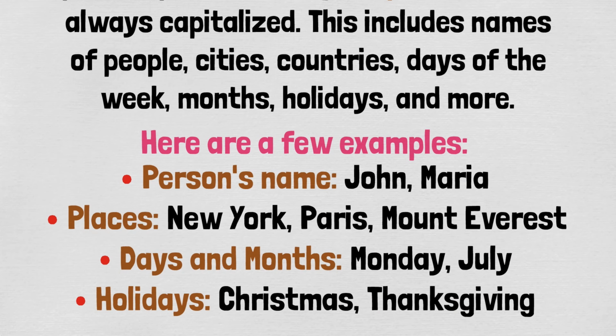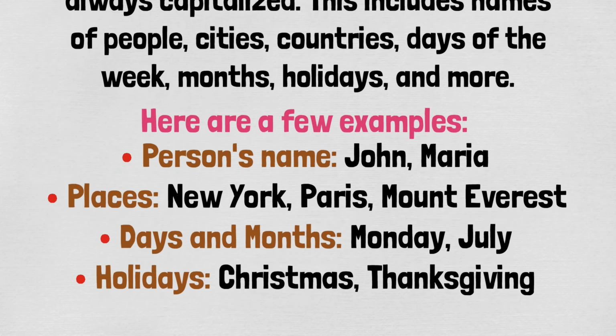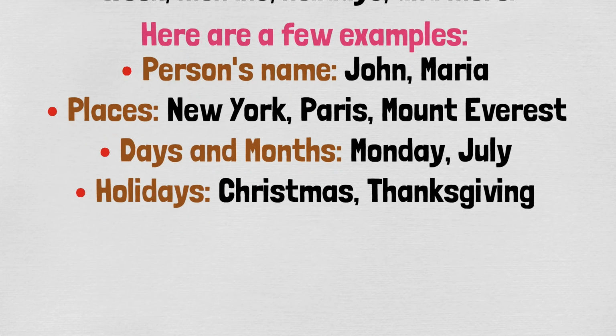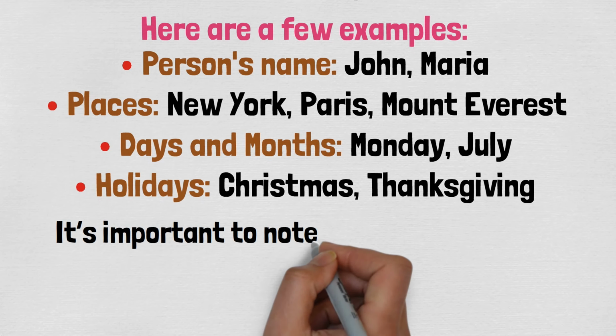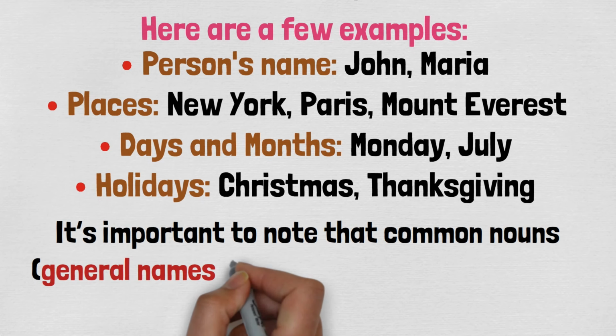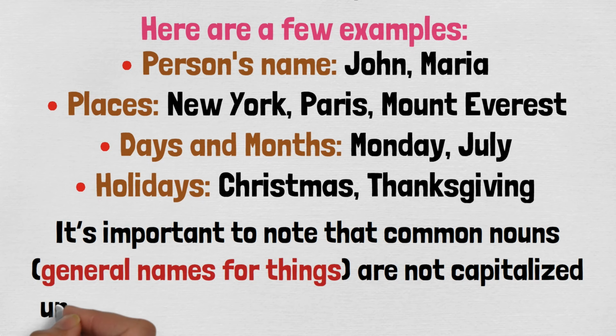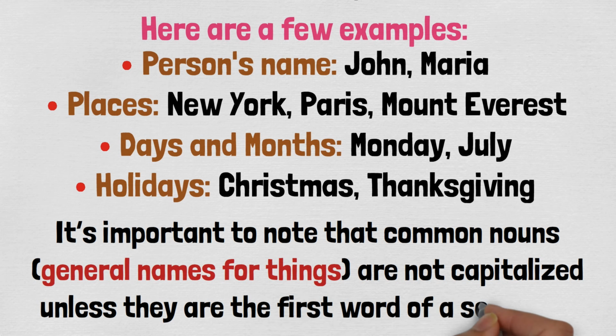Person's name: John, Maria. Places: New York, Paris, Mount Everest. Days and months: Monday, July. Holidays: Christmas, Thanksgiving. It's important to note that common nouns, general names for things, are not capitalized unless they are the first word of a sentence.